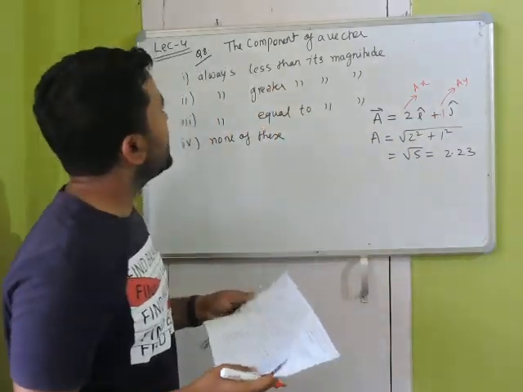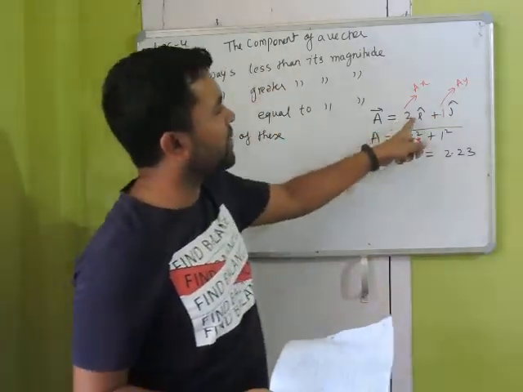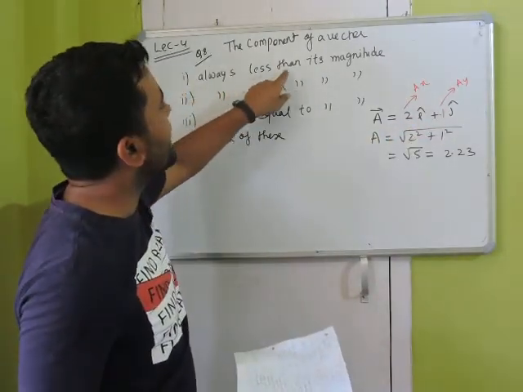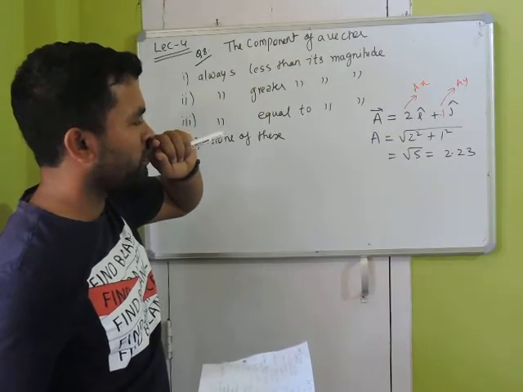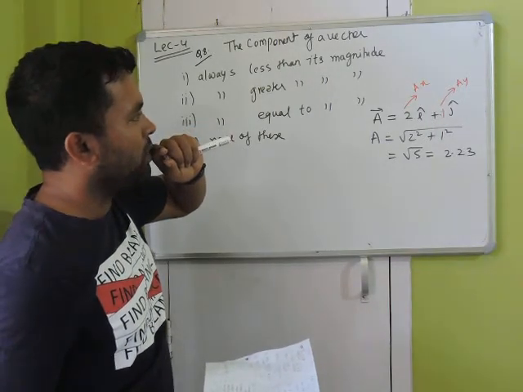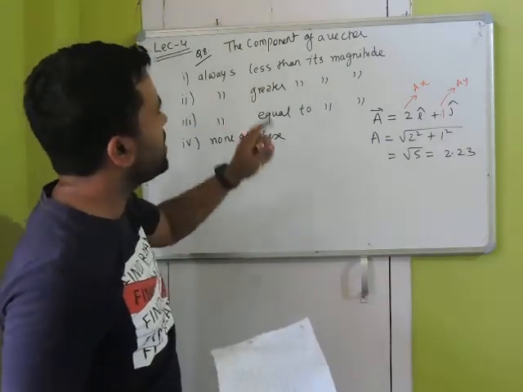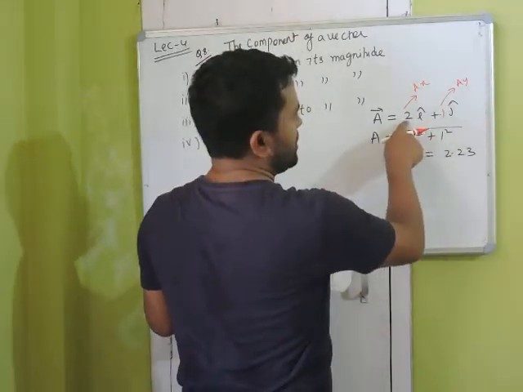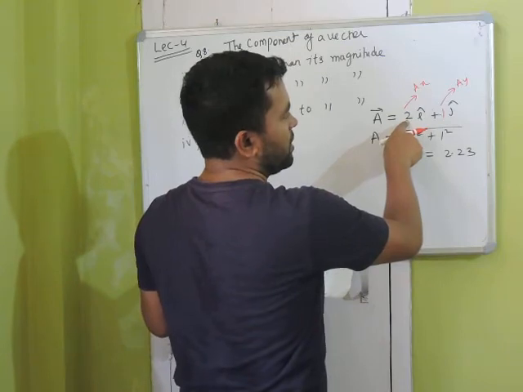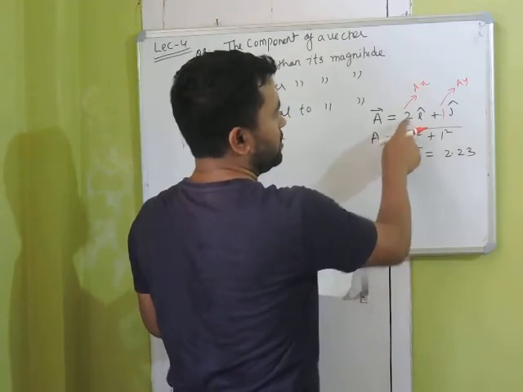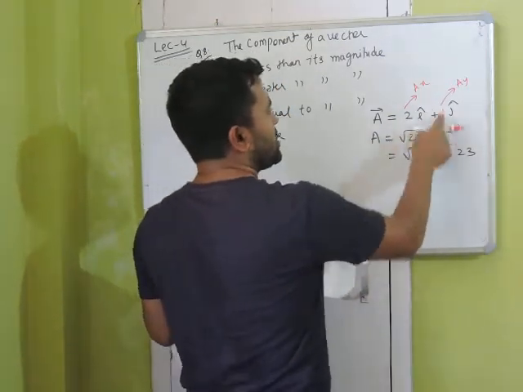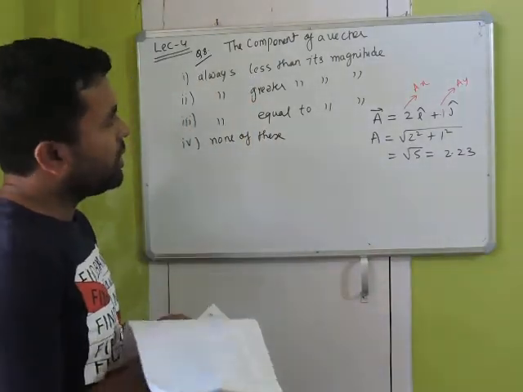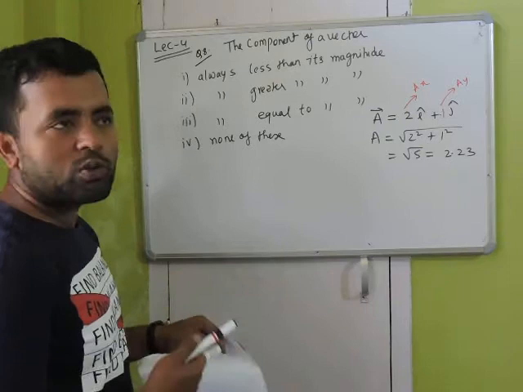Now first thing you see, the component of a vector. So let us say 2 and 1 are components, always less than its magnitude. Always I will not say, but here you can see this is less than its magnitude, and this is also less than its magnitude. Okay, but in all cases the vector is not going to be the same, right?